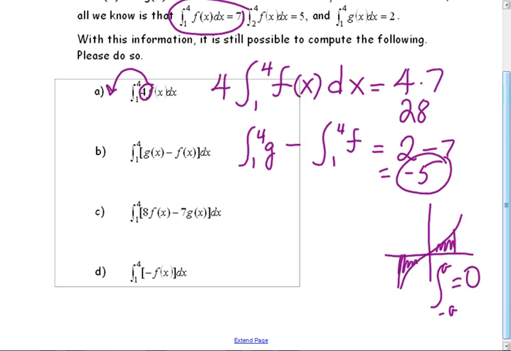Well, tell me what C is. It's given up here. You have homework problems just like it. Should be in 5.2.